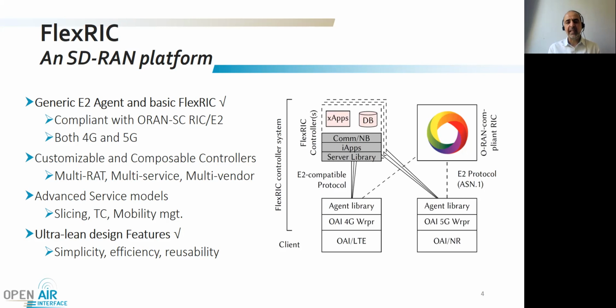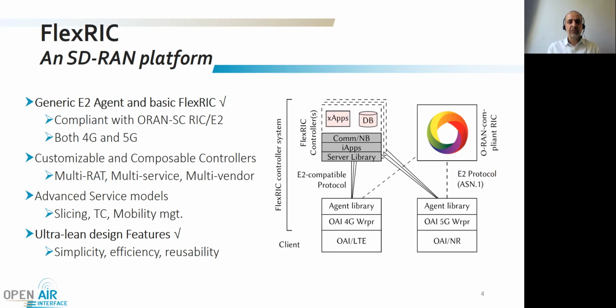And on the top, we see the xApps and DBs that could interact with this platform through this communication interface. So in short, FlexRIC provides a generic E2 agent, and today we have reached to have this generic E2 agent implemented, and also this basic FlexRIC platform, both of them compliant with the E2.